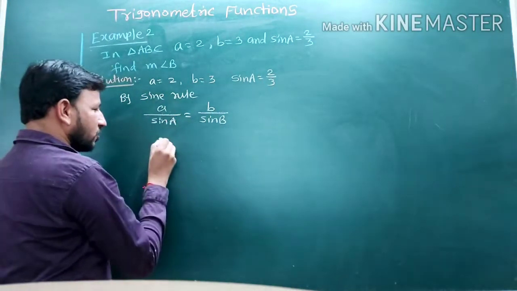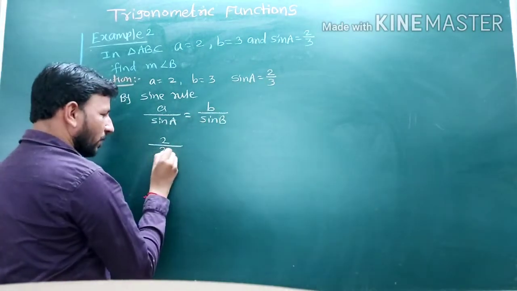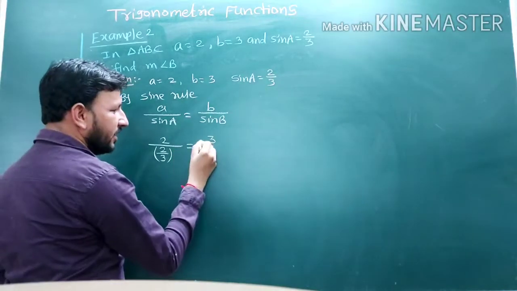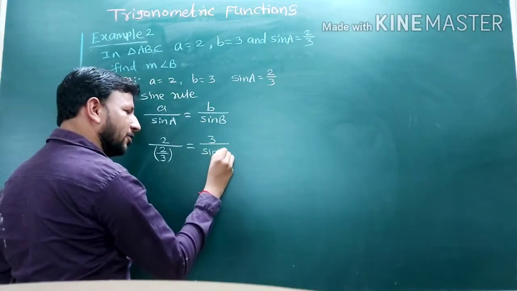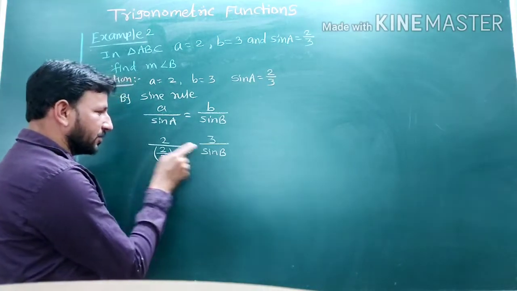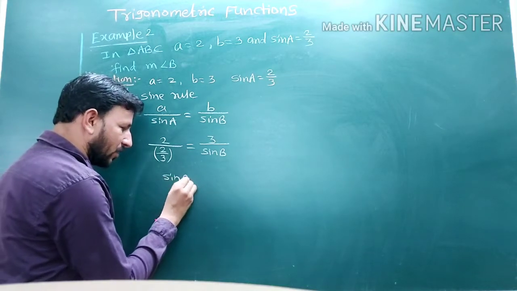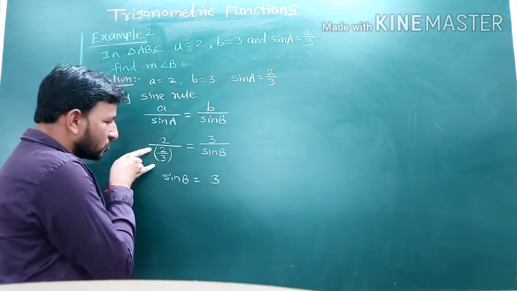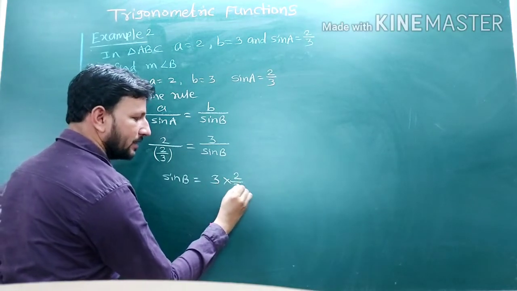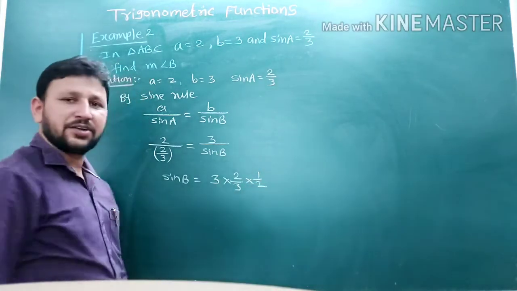Length a is 2, divided by sine of A, whose value is given as 2/3, directly equal to b, which is 3, divided by sine of B as it is unknown. After this, we have to find out the sine of B. It will be shifted to the left hand side. So sine of B equal to 3 times 2/3. This denominator 2/3 shifted to the right hand side gets multiplied, and this 2 also shifted to the right hand side gets divided, giving 1/2.